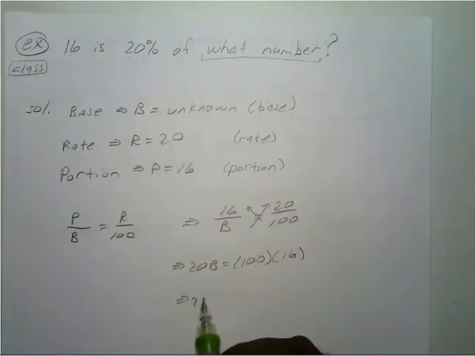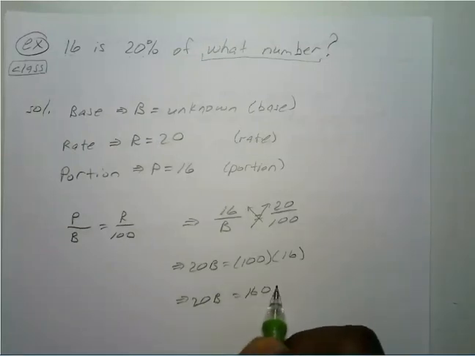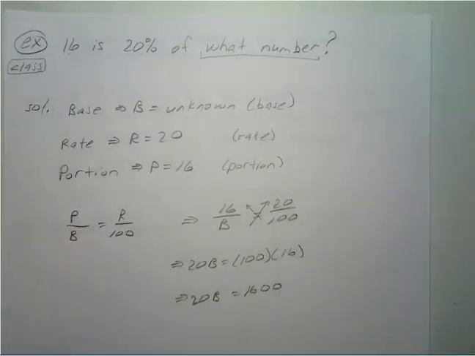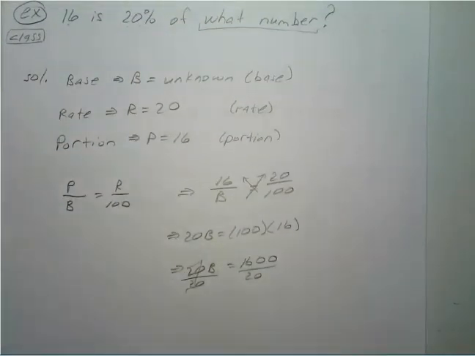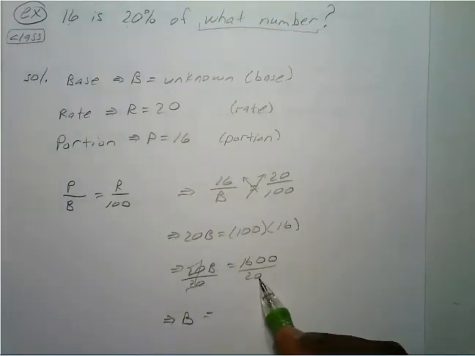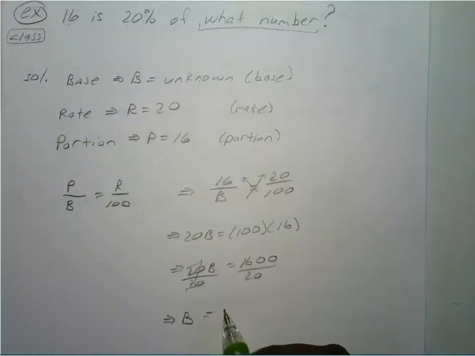So we have 20 times the base equals 1,600. Okay, so we go ahead and divide both sides by 20 to isolate our variable b. Anything divided by itself is 1, so the two 20s cancel out. So your base will equal 1,600 divided by 20, which is 80.